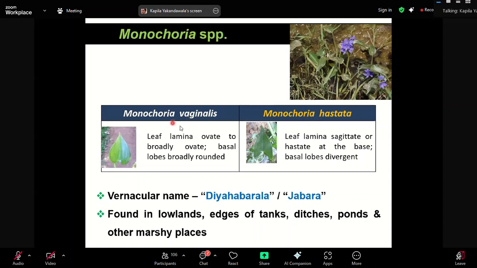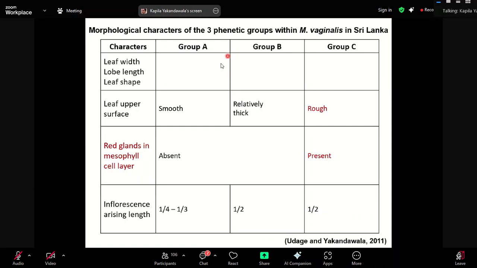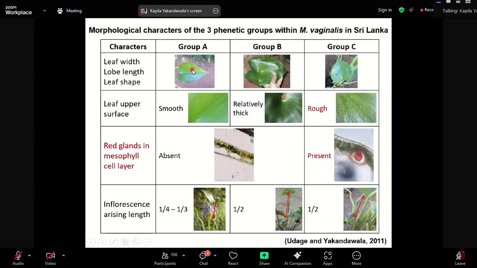There are two species, Monochoria vaginalis and Monochoria hastata. Some time back, a patient came to Ragama Hospital with vomiting and features of yellow fever. When a patient visits a doctor, the doctor usually asks about symptoms, as well as what did you eat last night? That is also a question.